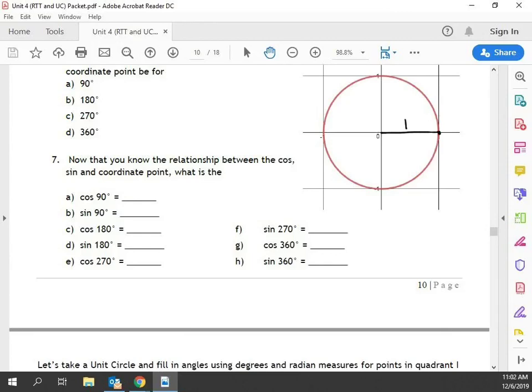So what is the coordinate of that point right there? 1 comma, there you go. What if I was to go at 90 degrees? What's the coordinate of that point? 0, 1. What about that point? Negative 1, 0. And then find the last one.